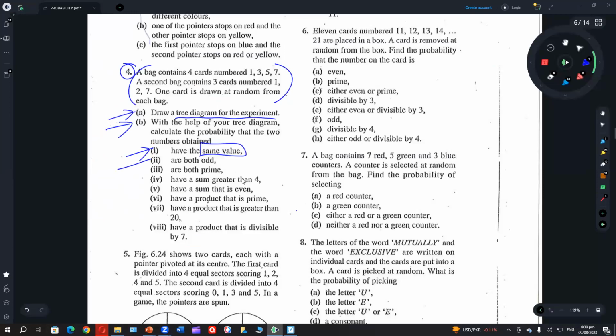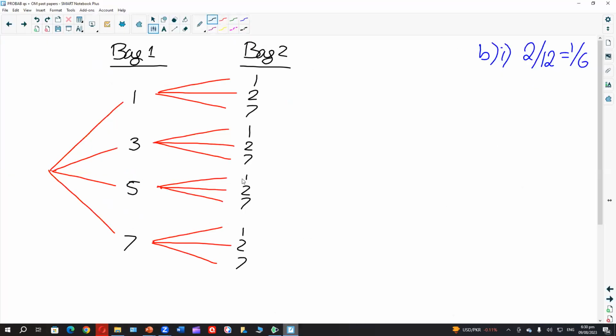Now see part number 2. Are both odd? Can you tell me both odd options? Like odd 1, 1, options.